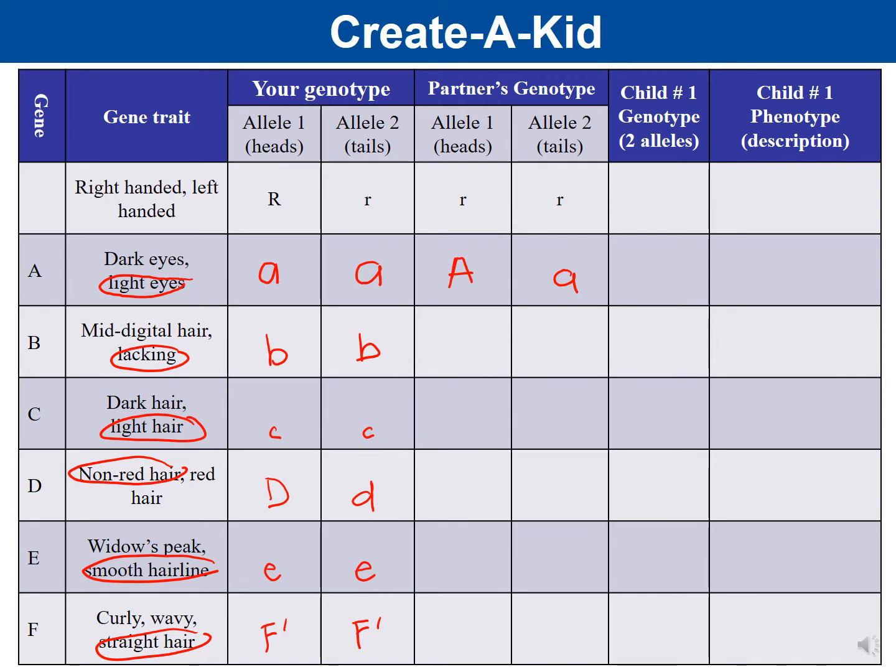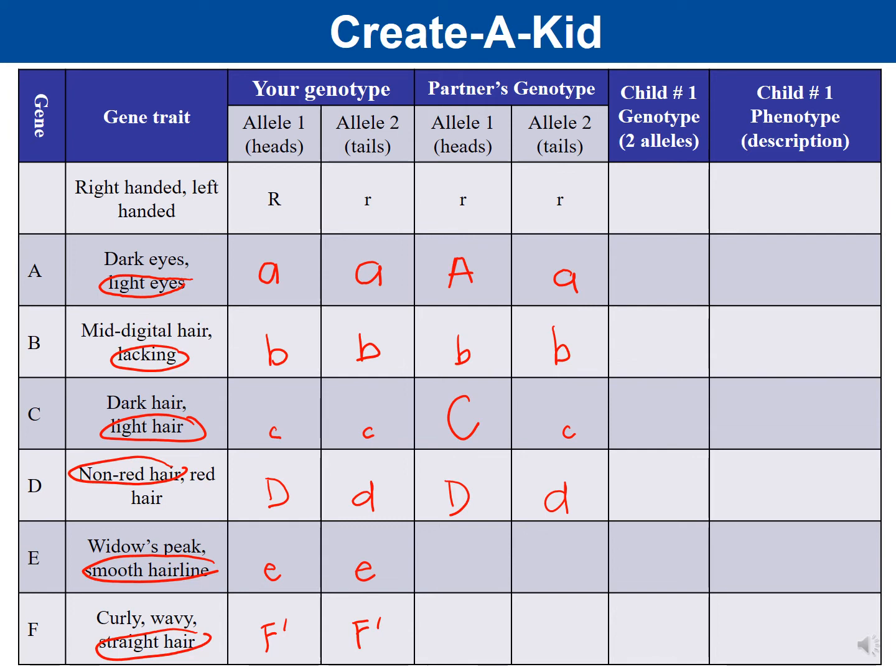Let's say that my partner had mid-digital hair lacking, little b, little b. Let's say my partner had dark hair, big C, little c. My partner has non-red hair, big D, little d, and so on and so forth.